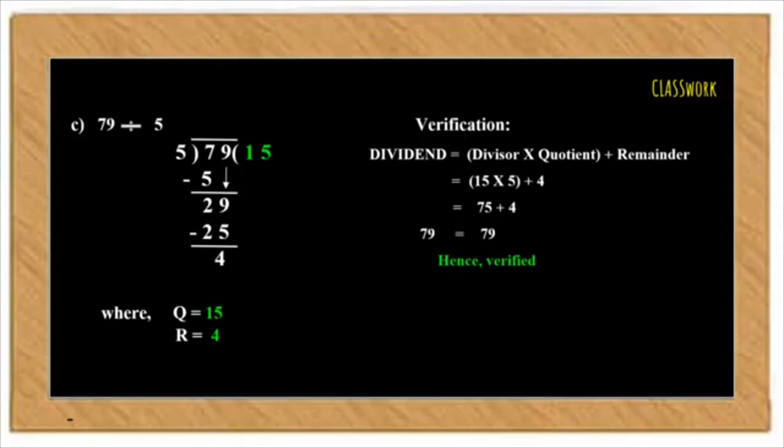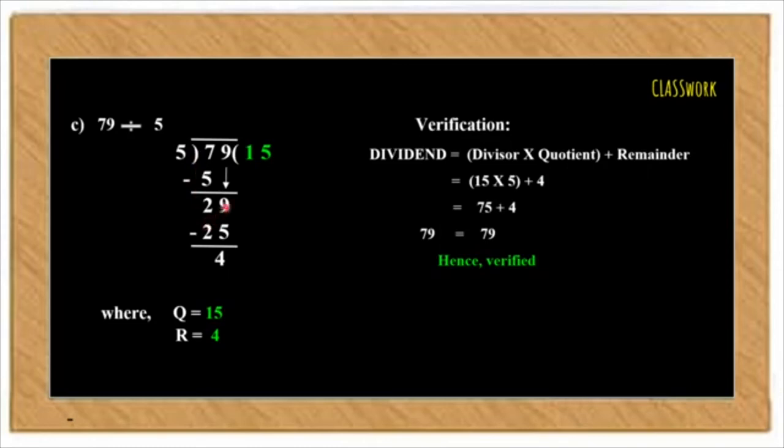In the C part, we have 79 divided by 5. Considering the first digit of the dividend and dividing, we have 5 multiplied by 1 giving us 5. When we subtract, we get 2 as the answer.